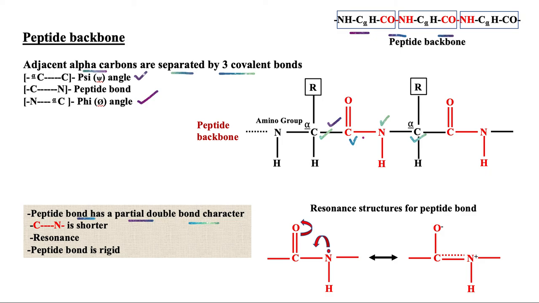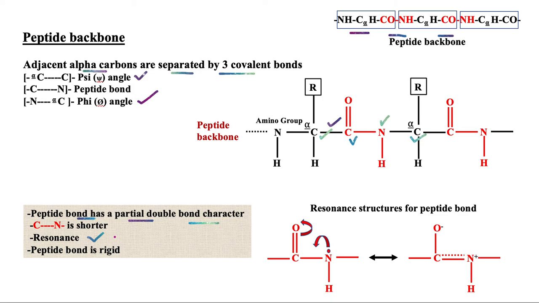But in the case of the peptide bond, the carbonyl carbon and nitrogen bond is quite short. So it has been observed that this bond is not a single bond; it is like a double bond, and that double bond character is explained by the phenomenon of resonance.